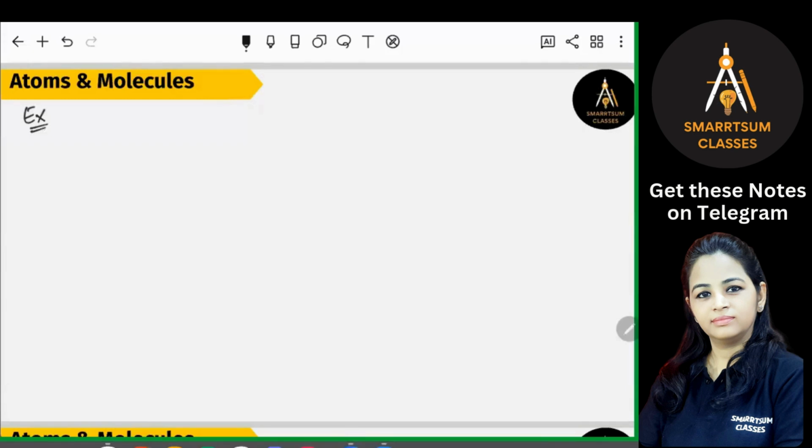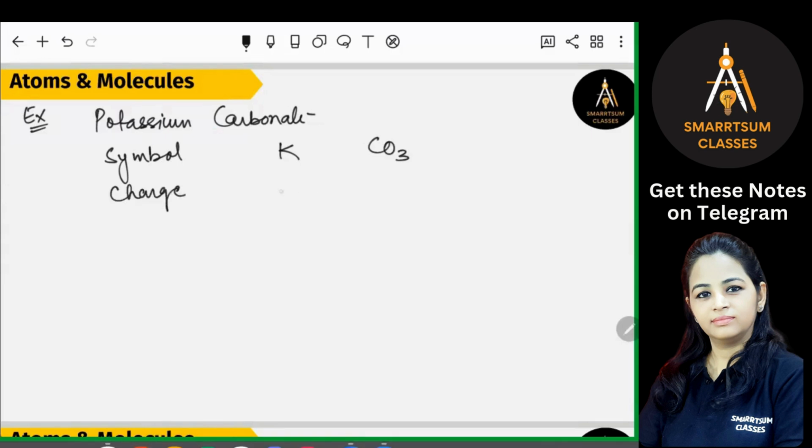Now let's see more examples. Potassium carbonate. Potassium carbonate symbols are: potassium is K, carbonate ion is again a polyatomic ion, CO3. Charge on potassium is +1 and on carbonate ion is -2.